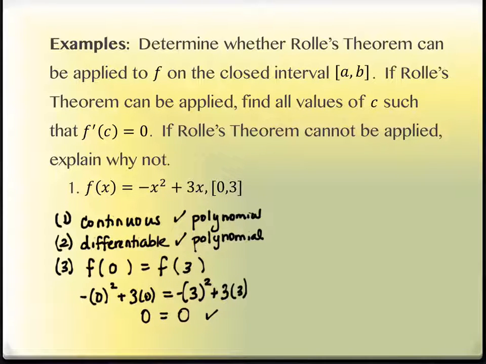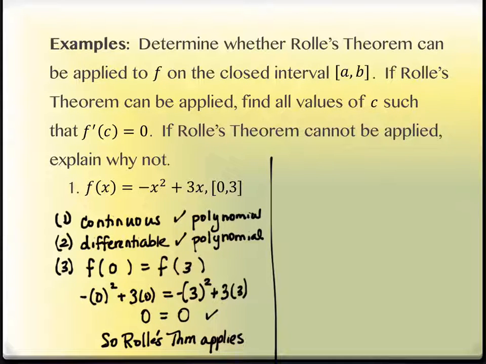So, yes, Rolle's theorem applies, because I've satisfied all of the hypotheses, all of the conditions that I had to satisfy. So what that means is that I'm going to be able to take the derivative of this function, set it equal to 0, and find a solution.